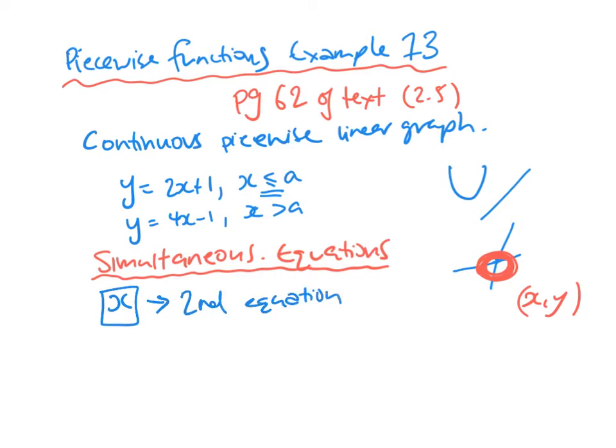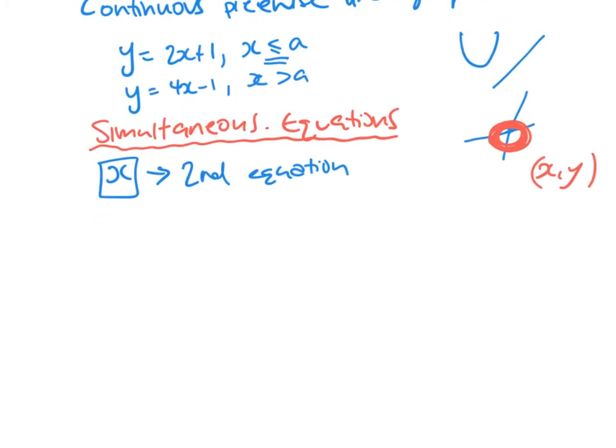So here's one way of doing this that I'm just going to take you through. With the first equation, 2x plus 1 equals y, I'm going to isolate x so it's by itself. So 2x equals y take 1, therefore x equals y take 1 divided by 2.